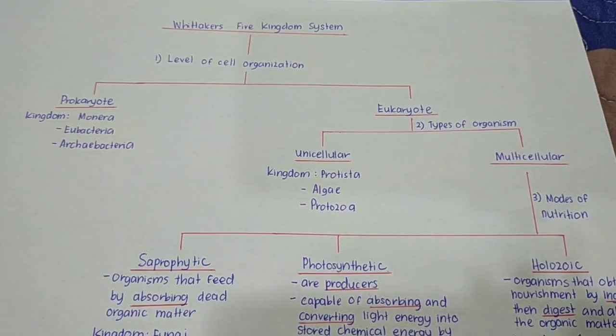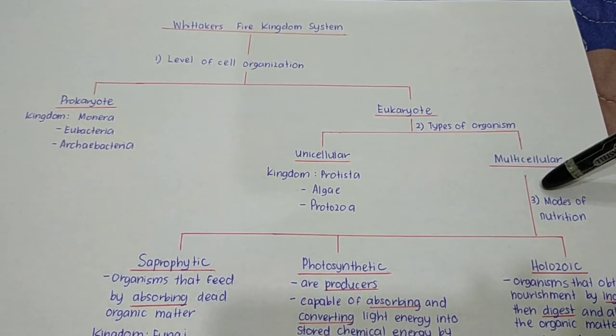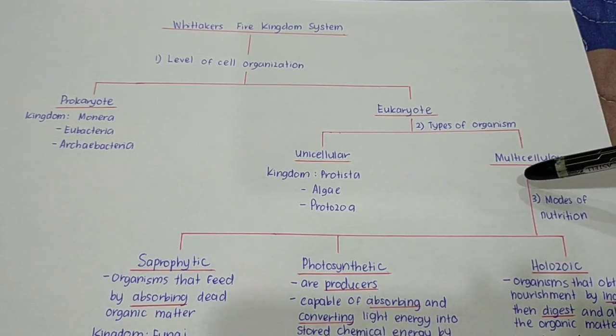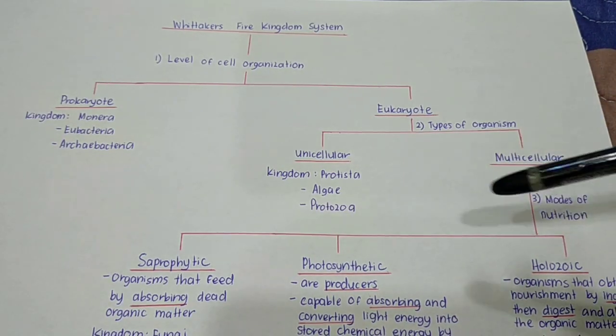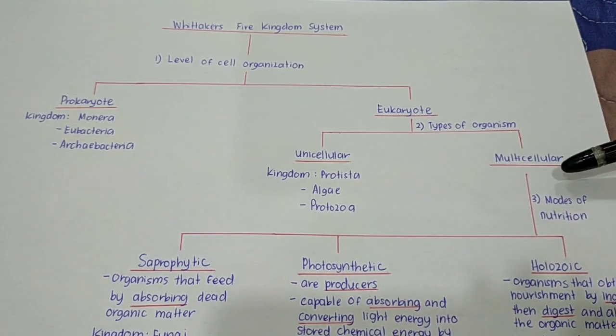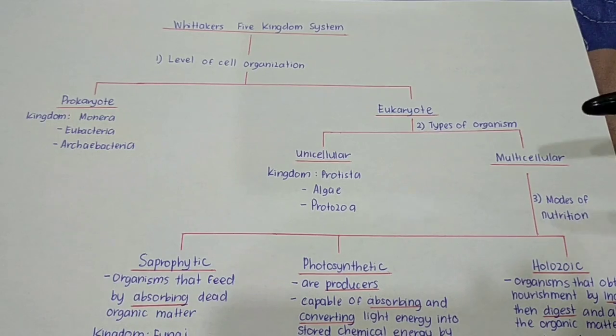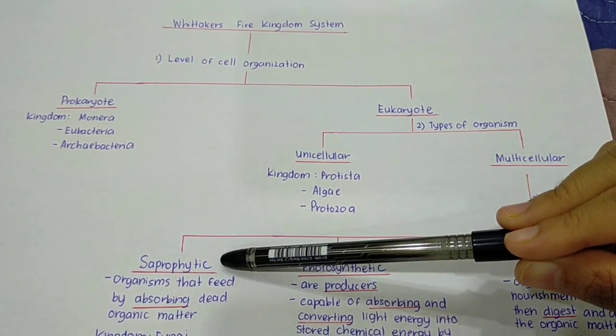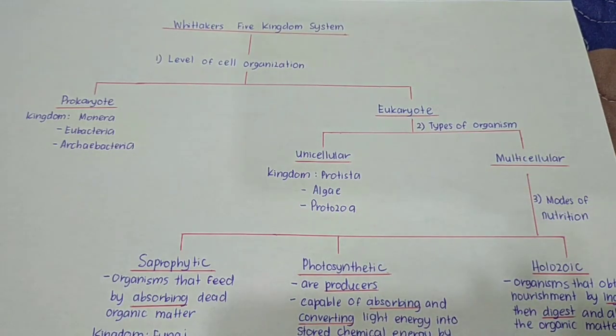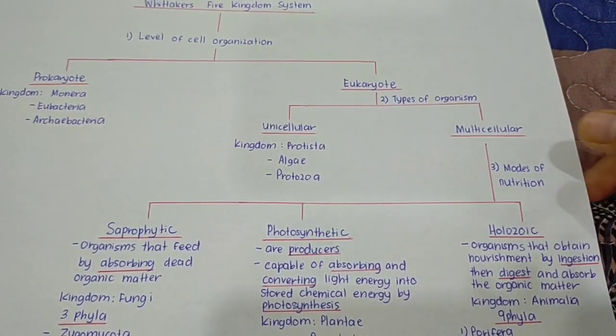Okay, and then for multicellular organism, it is referred to another 3 kingdoms. Okay, but for another 3 kingdoms, we classify it according to its modes of nutrition. Okay, so for modes of nutrition, there are 3 modes of nutrition. Either the organism is saprophytic, photosynthetic, another one is holozoic.